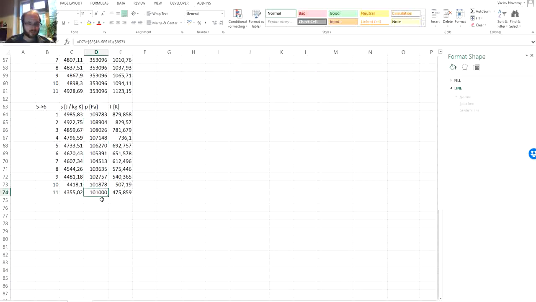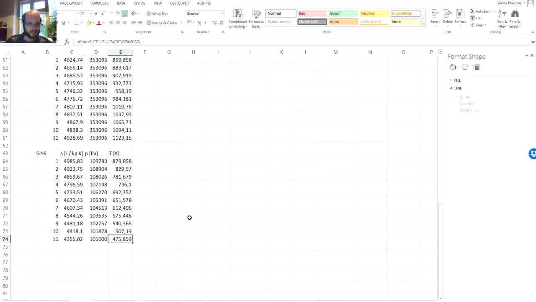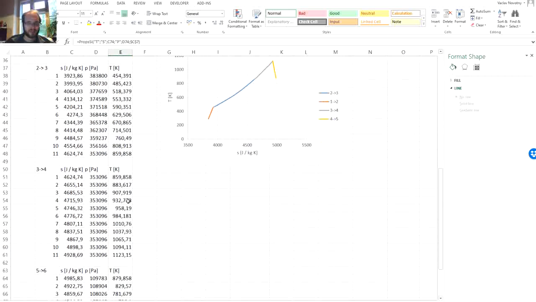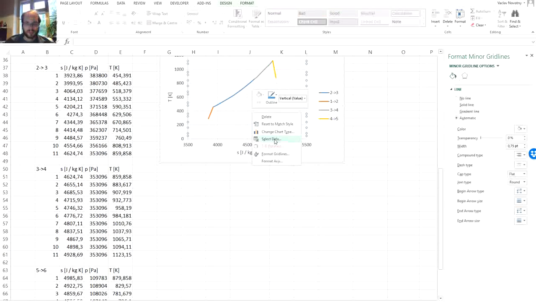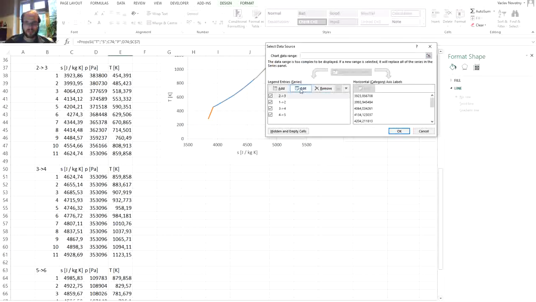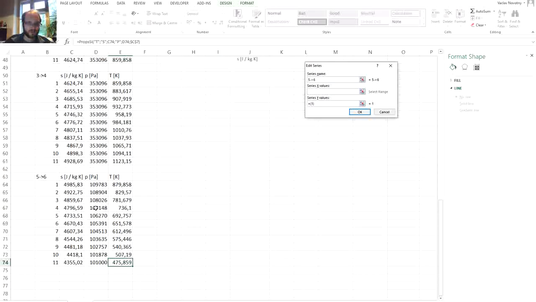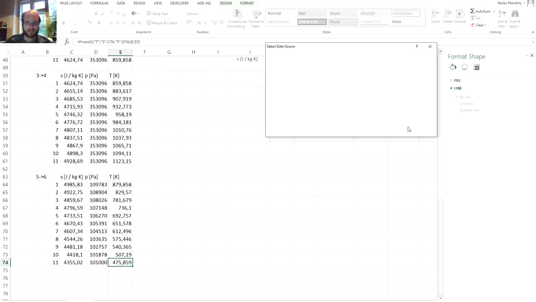And we get 101 kilopascals at the end, and 475.8. So you can see it agrees. And let's add here 5 to 6, change in entropy, values of temperature.